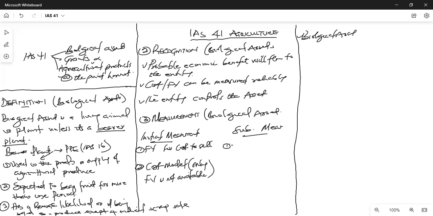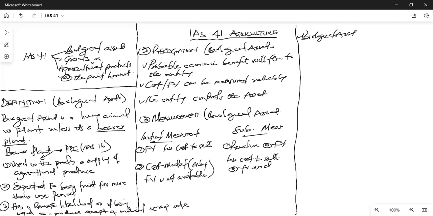So you revalue at fair value, less cost to sell at year end.